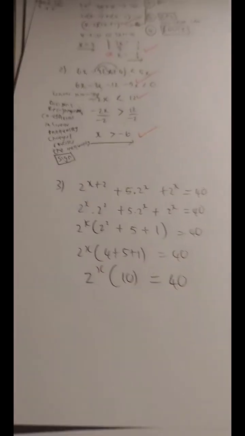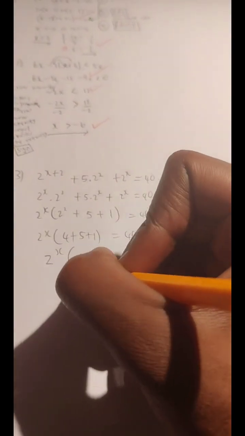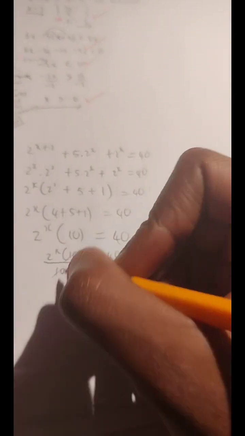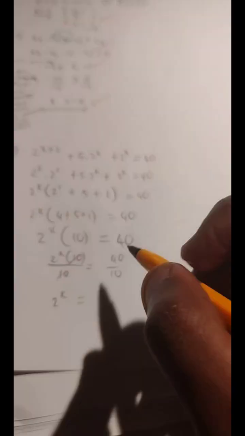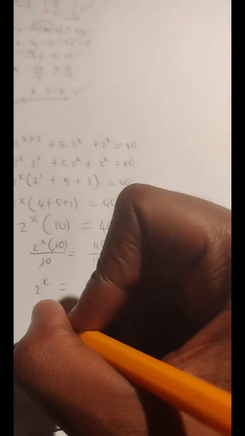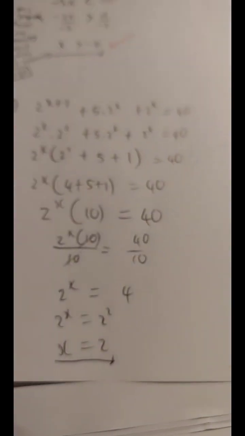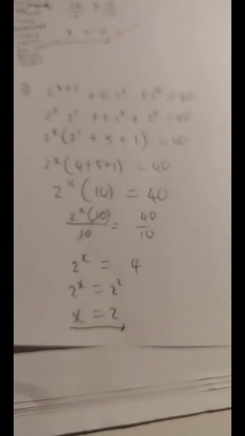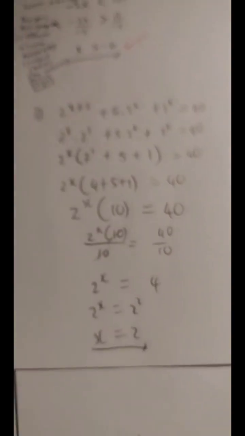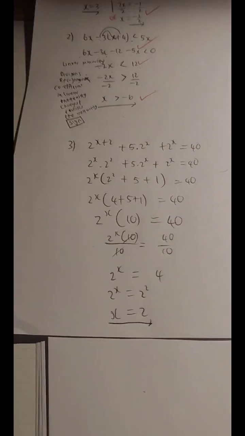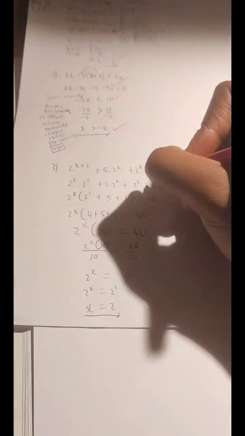Then what do you do? 10 is the coefficient, so we divide both sides by 10. We get 2 to the power x is equal to 40 divided by 10, which is 4. 2 to the power x is equal to 2 squared, so x is equal to 2. This is a nice exponential equation.